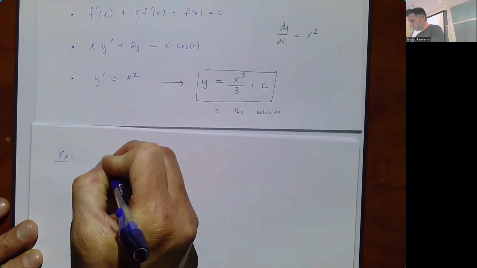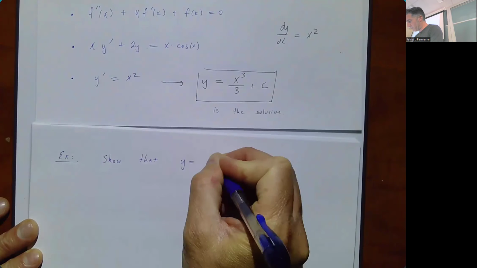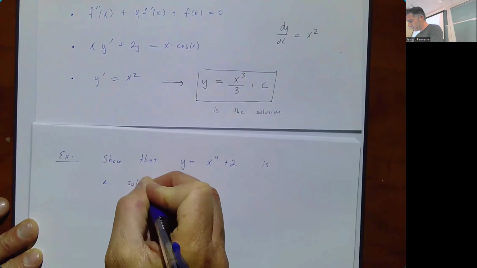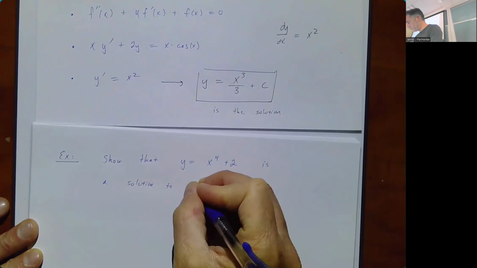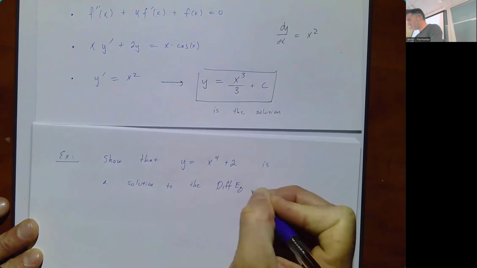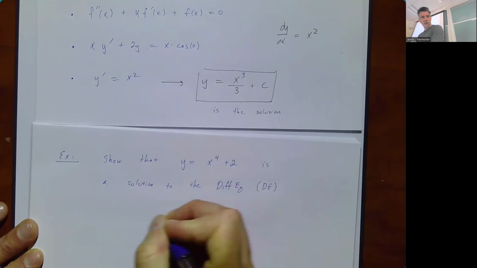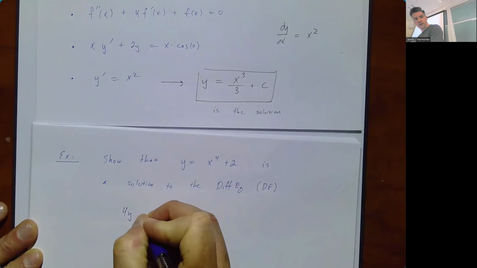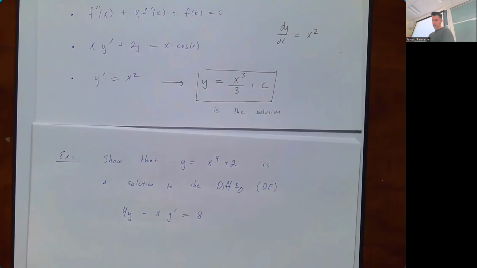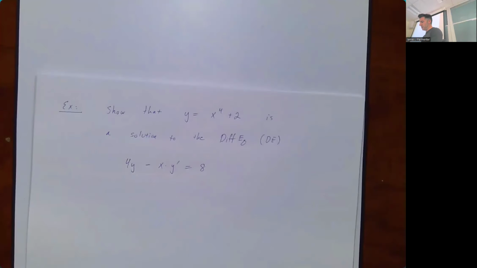So we're going to show that y equal to x to the fourth plus 2 is a solution to the differential equation, which we often abbreviate as diff EQ, or sometimes just DE, y minus x times y prime equal to 8.